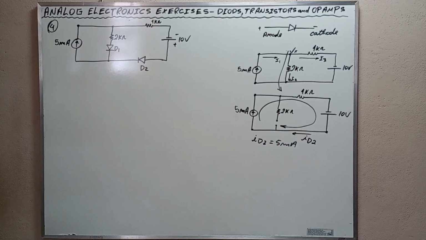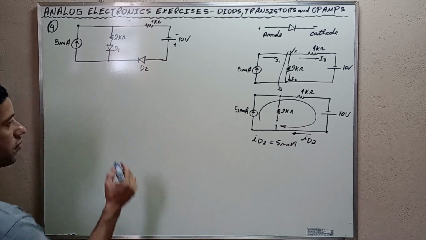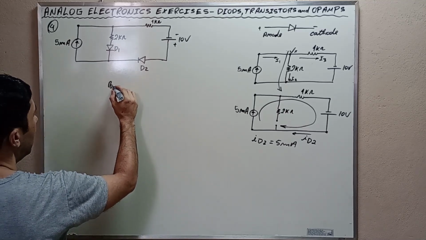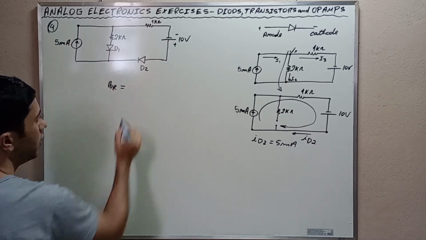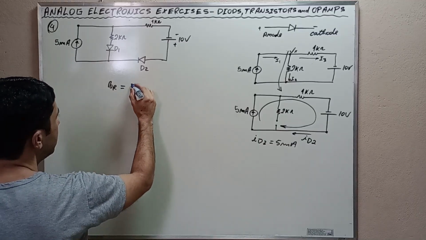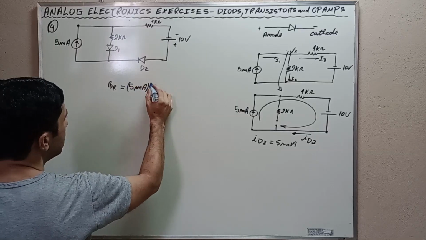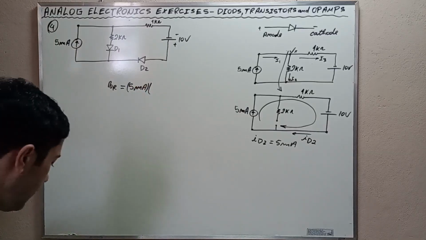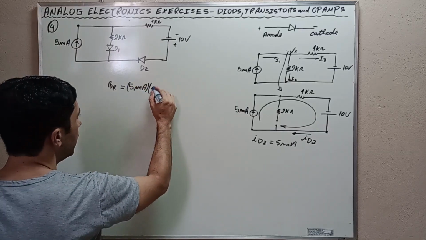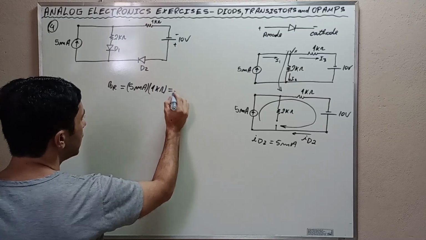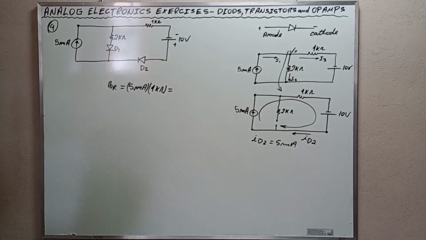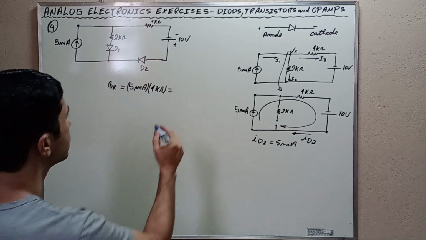The voltage drop across the 1 kilo ohms resistor is, okay, I'm gonna call it VR. VR is gonna be equal to the current 5 milliamps times the value of the resistor, which is 1 kilo ohms, and this is equal to 5 volts.